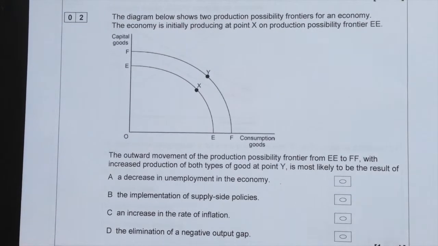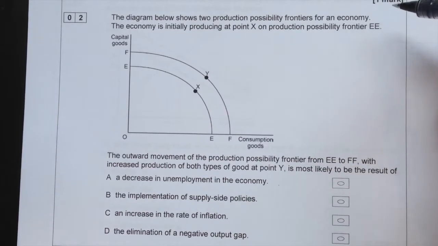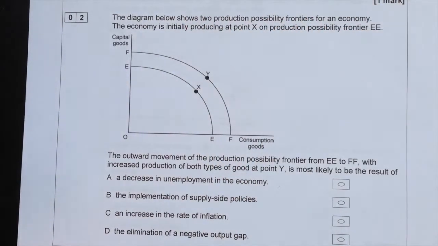Question 2 has the diagram below. The diagram below shows 2 production possibility frontiers for an economy. The economy is initially at point X on the possibility frontier EE, this one.